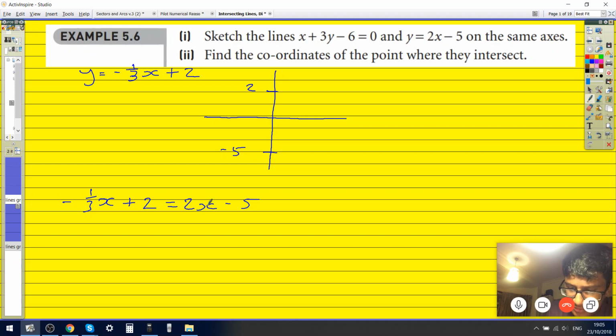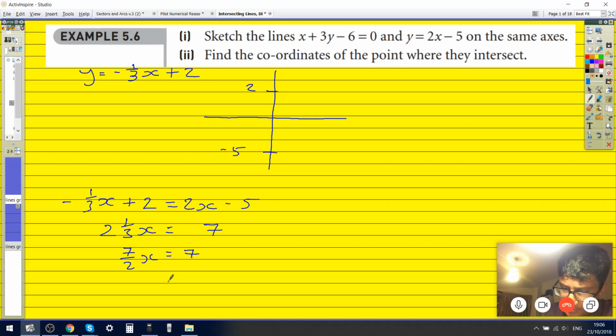So 1 2/3 of x equals 7. So when you bring the minus a third x over, it'll become plus. Okay, so 2 1/3 x, sorry. So 2 1/3 x equals minus 5 equals 7.